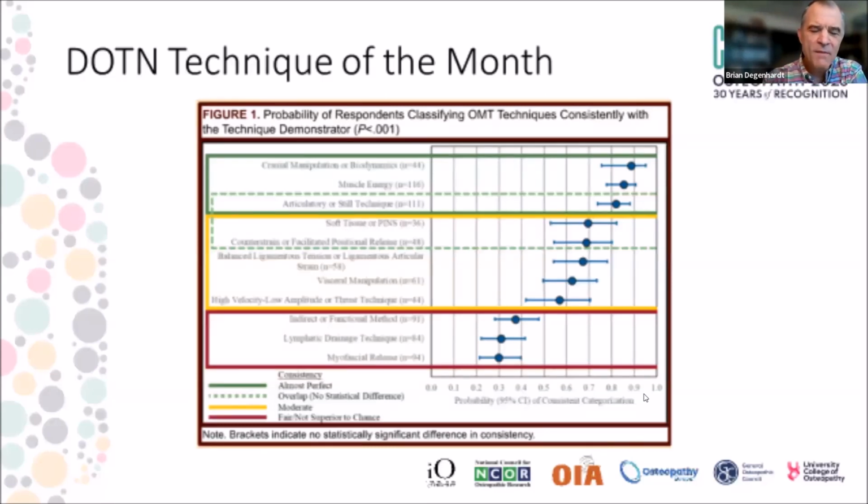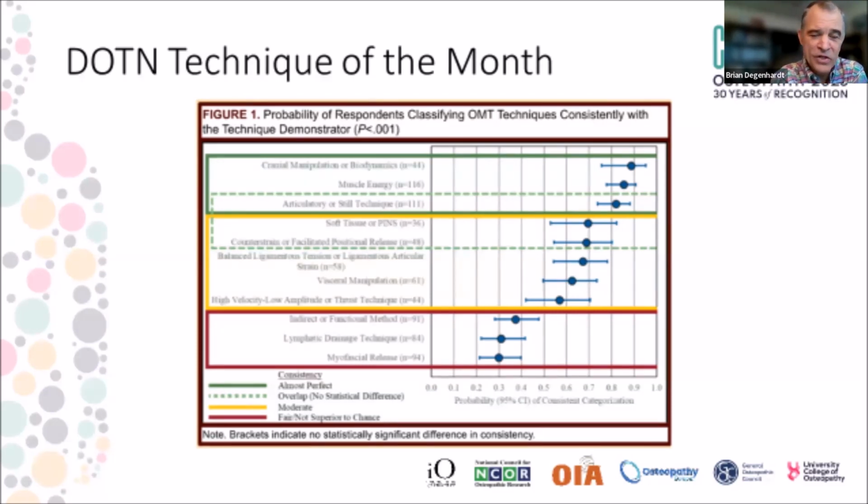Some of you may have participated in this project, but for those that didn't, we had members videotape themselves doing a technique without any audio. We would take that video and disseminate it to our membership, and ask them, how would you categorize that particular technique?